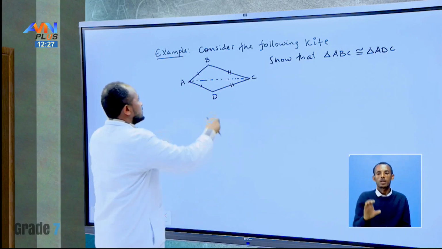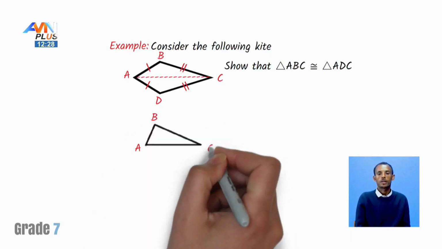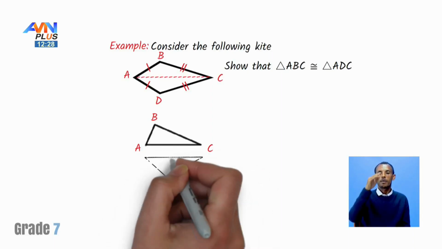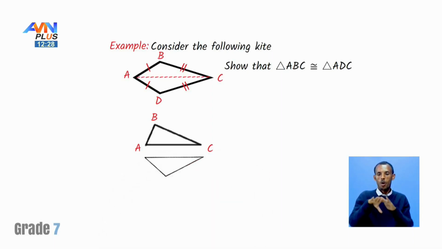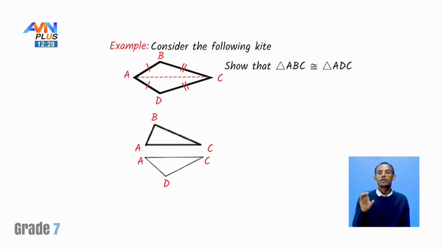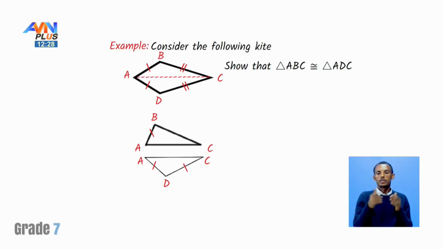Or we can see these two triangles by cutting like this. If you cut out the triangles, here you have triangle ABC, and the lower triangle. This is a common side for both, AC.